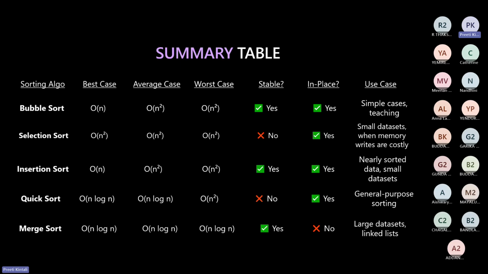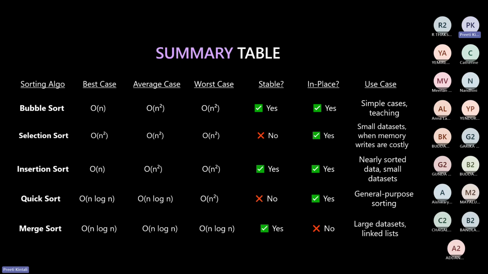If we have the same element, let me take 1, 2, 3, 3 as I said, take the 3 with some index. So take it as 3a and then 3b. So you can find if after sorting it is 3b and 3a or 3a and 3b only, if the order is preserved or not. That's it about this.